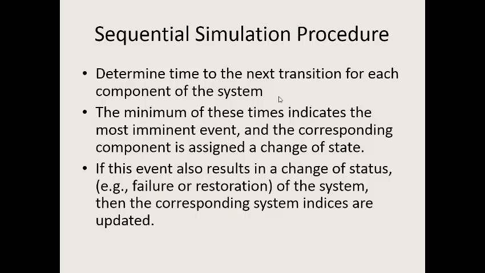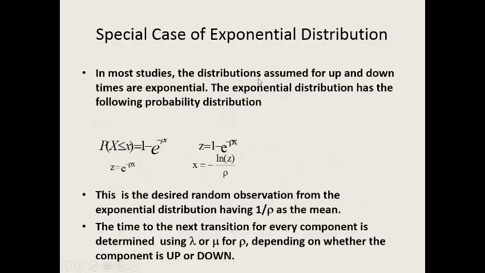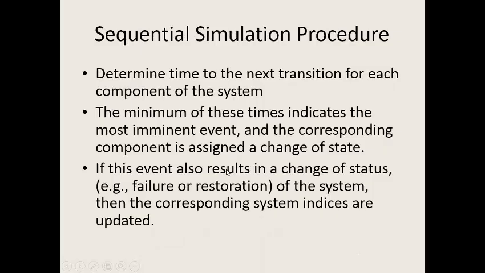Then you can draw a random number for each one of the components, and by using this equation over here you can find the time to failure for each one of the components. And from those times you find what is the minimum time out of all these times.